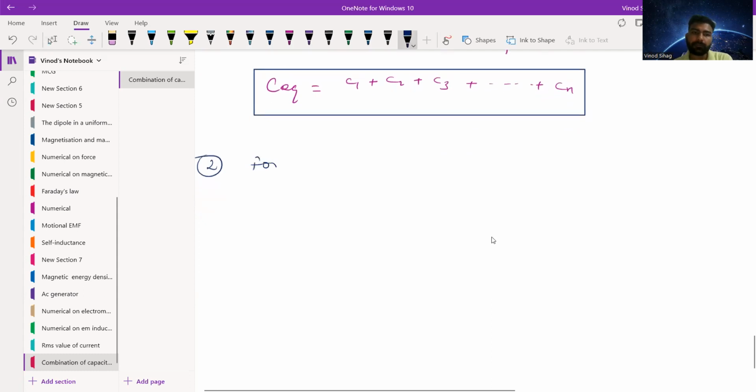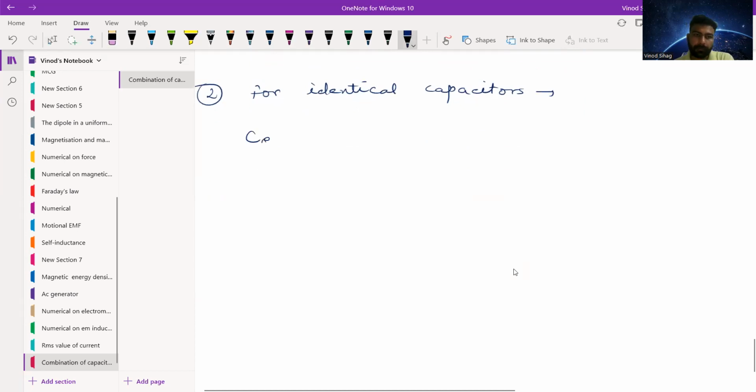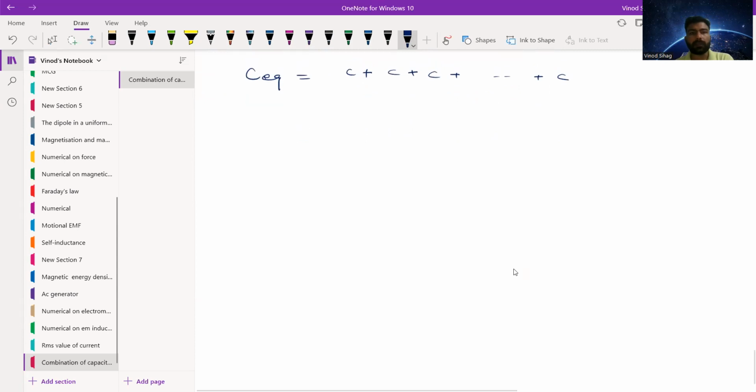For identical capacitors, the equation will be C equivalent equals C plus C plus C and so on, n times. Because we are adding a number of capacitors, it will give us C equivalent equals n into C. So we can say that the equivalent capacitance will be n times the capacitance of the single capacitor.